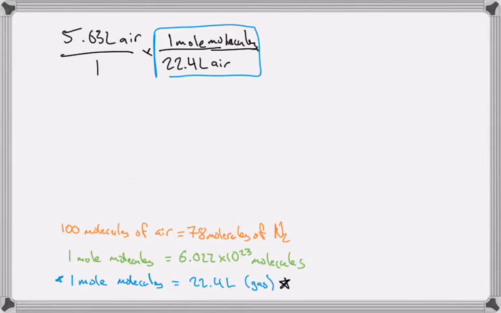The next thing that we want to do is, we've now converted from liters of air to moles of molecules of air. And then we want to say, well, how do we go from moles of molecules of air to just how many molecules there are?